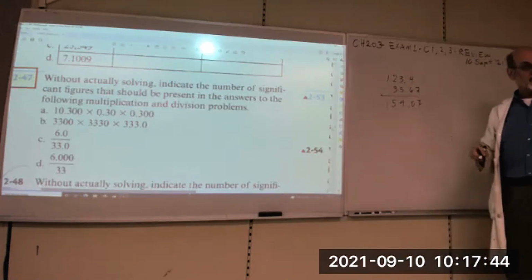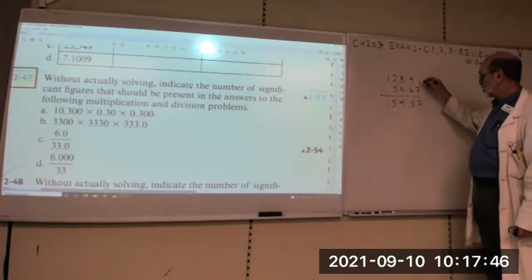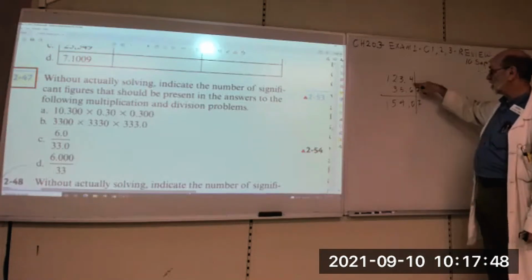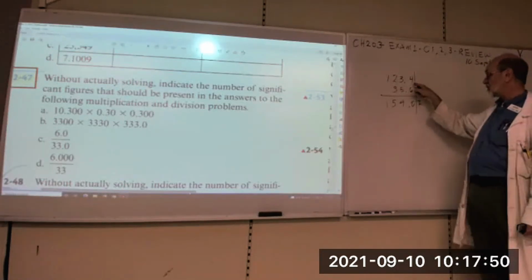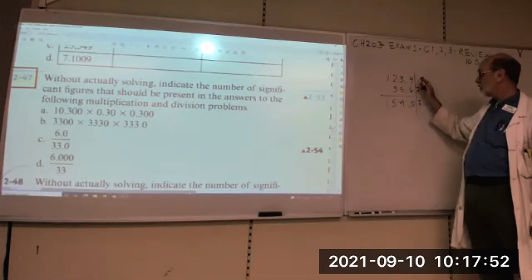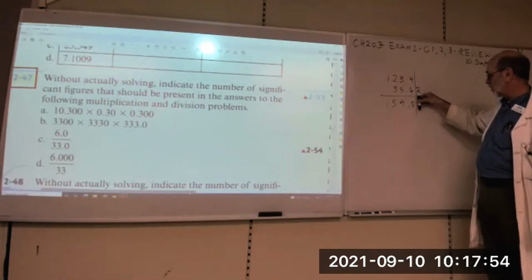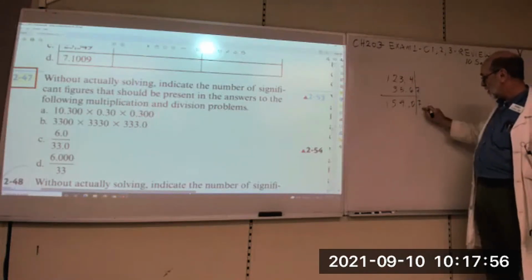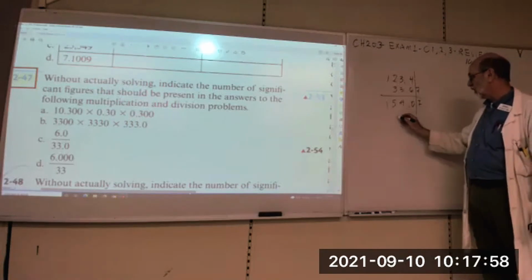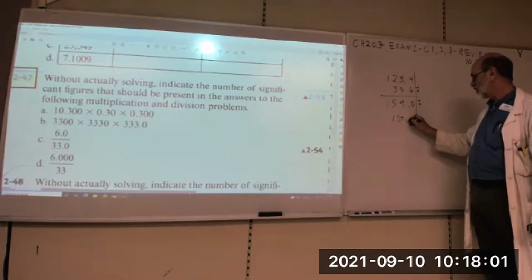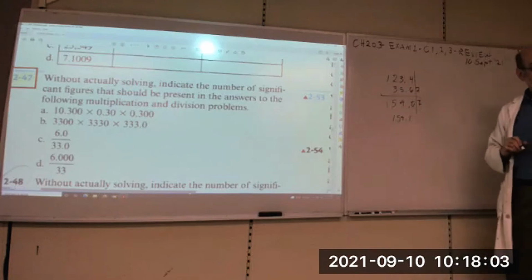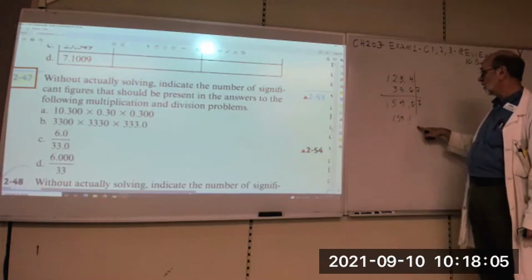Okay, how many decimals can we keep? This is the least one. This is significant, so we keep it. And you chop that one off. So this is 7. That means this one is now 1. 159.1 is your answer. This has 4 significant figures in it.